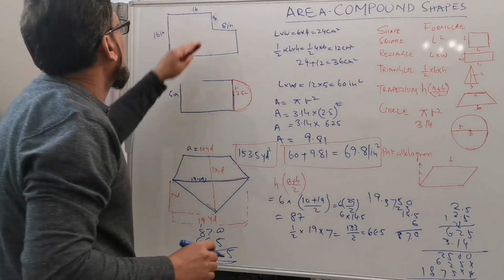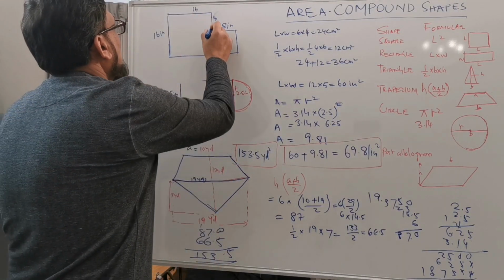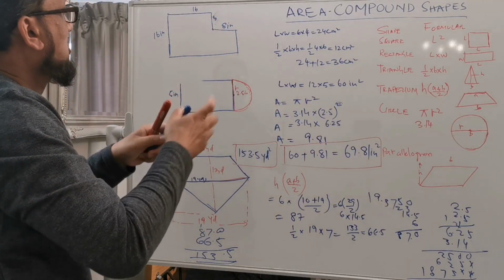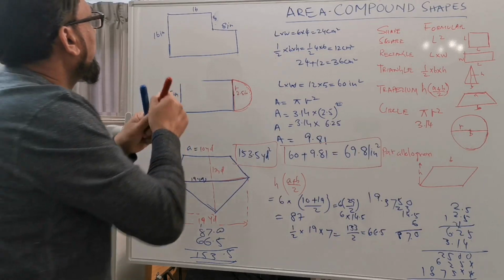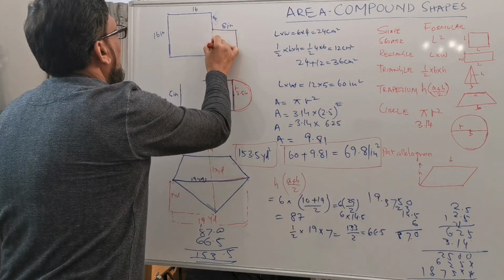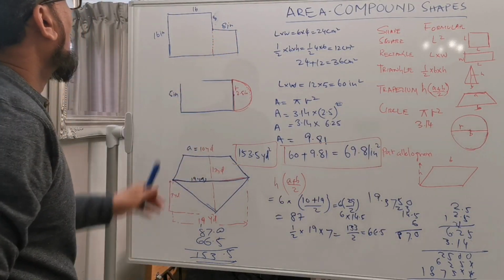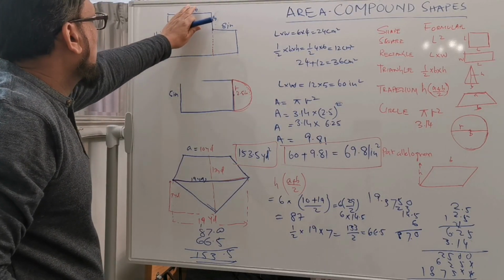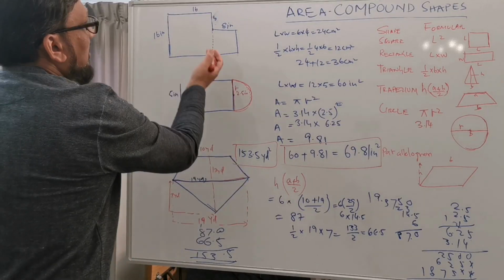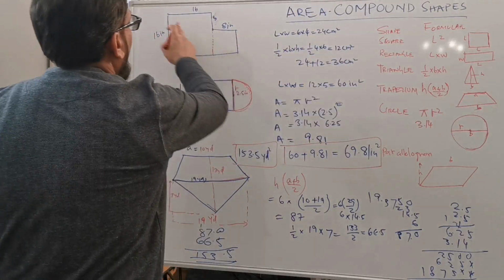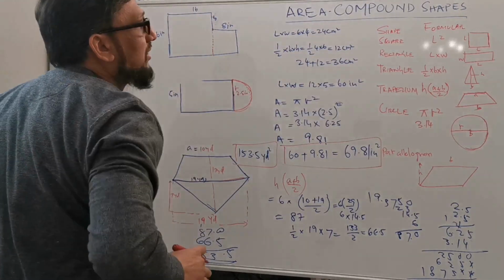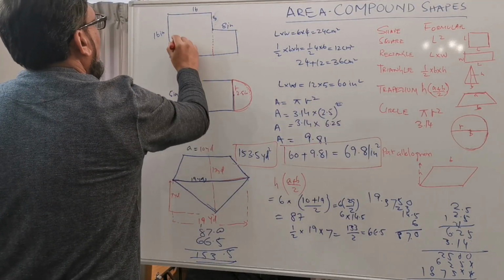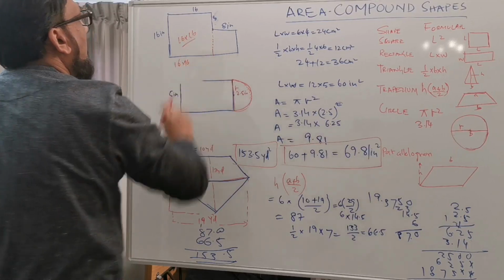What to do? If the side is 16, just draw a line. So this is 16, and this is 16. The area for the square, because all sides are equal, is 16 times 16.